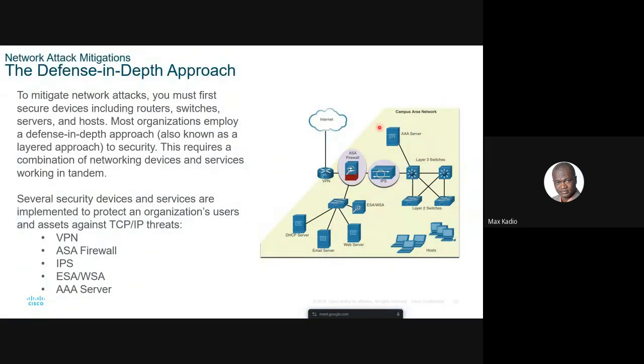Like when you're in a company, you need to protect all your servers. When you have your PCs and laptops, you need to protect them. Antiviruses and a AAA server. A AAA server is an authentication server. Who are you? What is your password? If it's correctly listed and it's correct, I will allow you to continue.